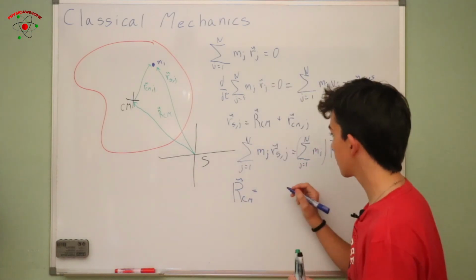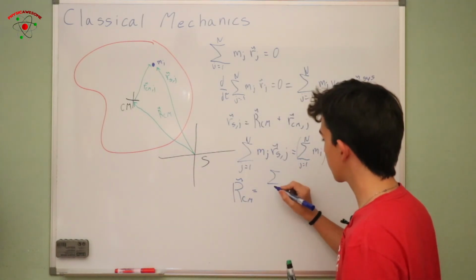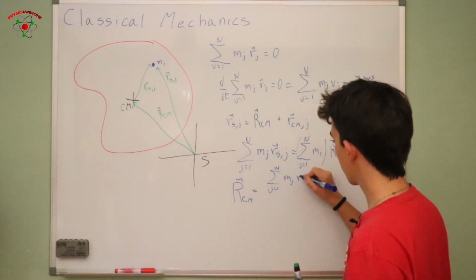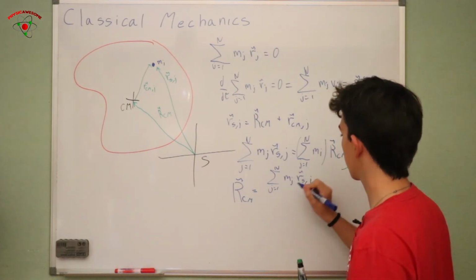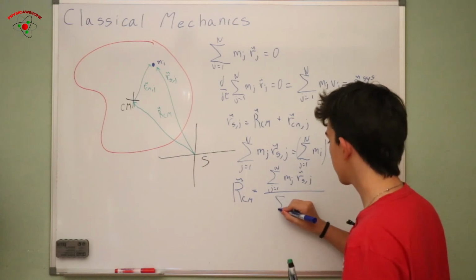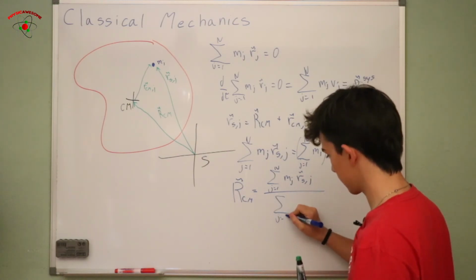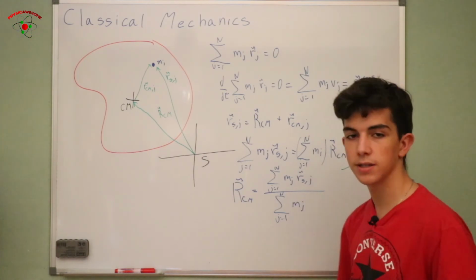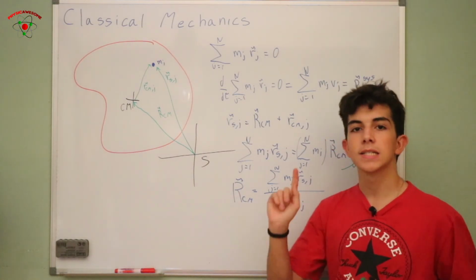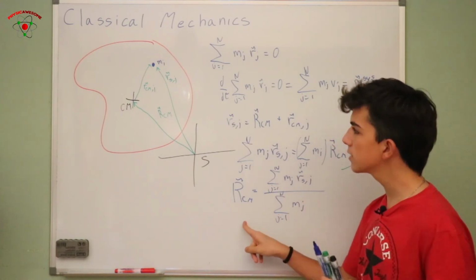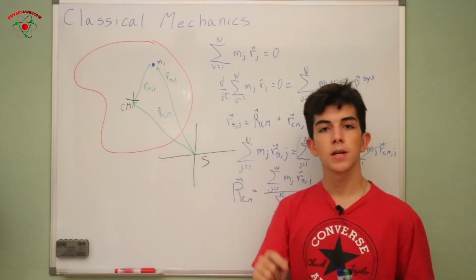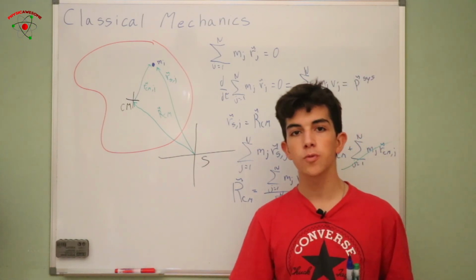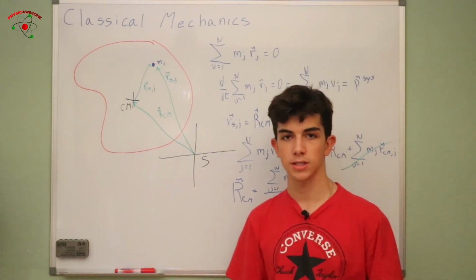I'm going to step over here as it's easier to write, the sum from j equals 1 to n of m_j r_s,j divided by the sum from j equals 1 to n of the masses, that is the total mass. And that is in general how you calculate the position vector of the center of mass reference frame, which will be very useful to analyze multiparticle systems.